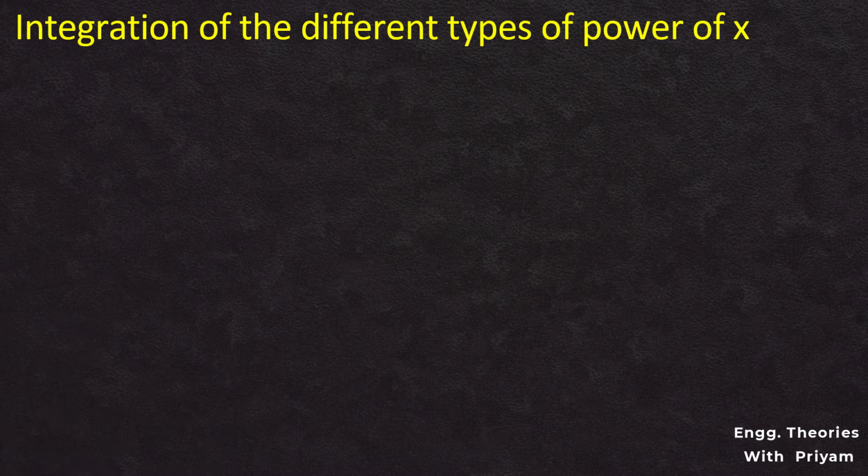Now let's say we need to integrate a divided by x to the power n with respect to x. Then we can perform the integration by following steps similar to the previous one. At first, the constant needs to be taken out of the integration, and the integration will look like a into integration of 1 by x to the power n dx. Then this 1 by x to the power n can be written as x to the power minus n.